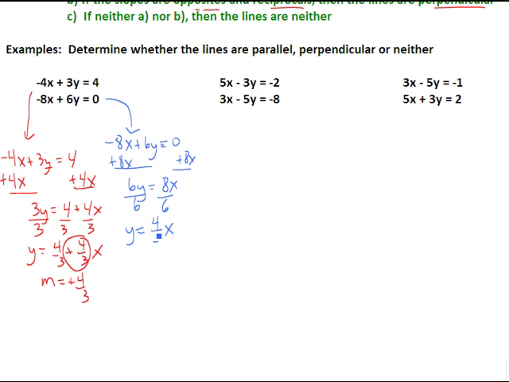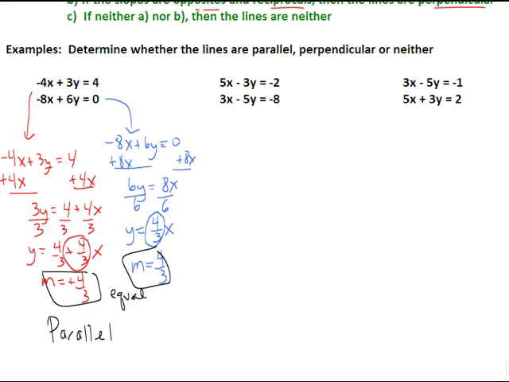The slope of this line is the coefficient of x, the number in front of x, which in this problem is 4/3. So the slope of this line is also 4/3. When I compare the two slopes, they are equal, so that means the two lines must be parallel.